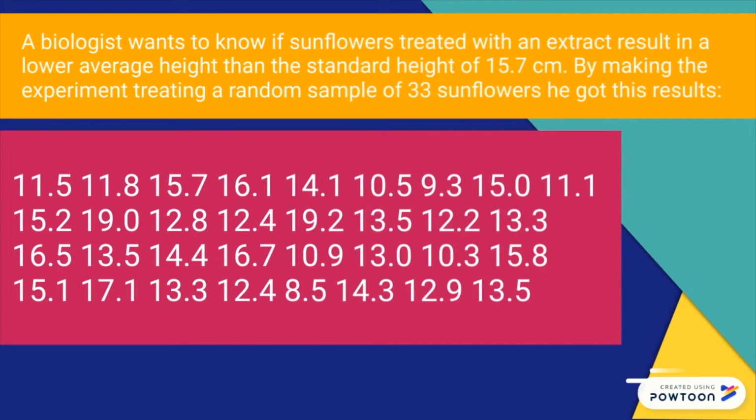A biologist wants to know if sunflowers treated with an extract result in a lower average height than the standard height of 15.7 centimeters. By making the experiment, treating a random sample of 33 sunflowers, he got these results.